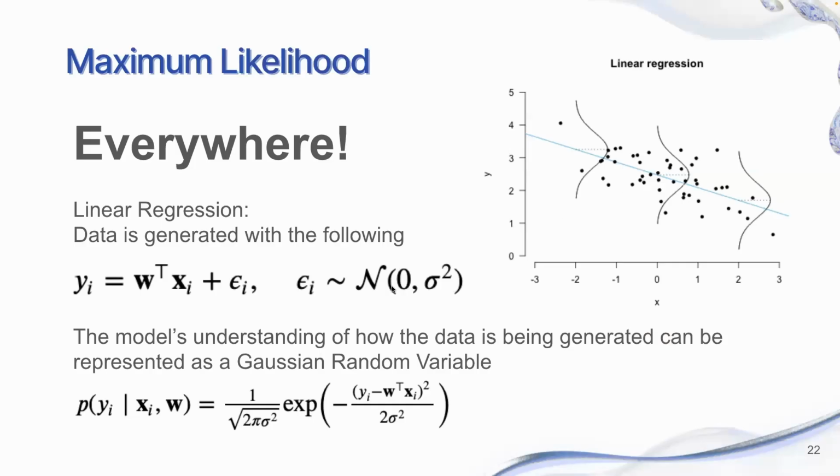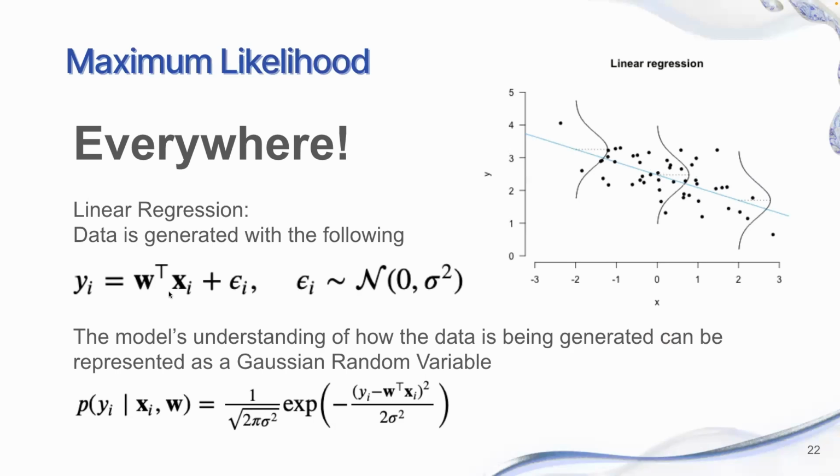And this model, you can just understand it as a Gaussian random variable. Given your X, which is your input, and W, which is your weight, that's basically your deterministic part. Your input is fixed, and your model's weight is also fixed, right? So now you're trying to predict the probability of your output being some exact number. And all it does here, as you can see on the diagram, is a distribution, a Gaussian distribution in this case, centered around whatever this term is.